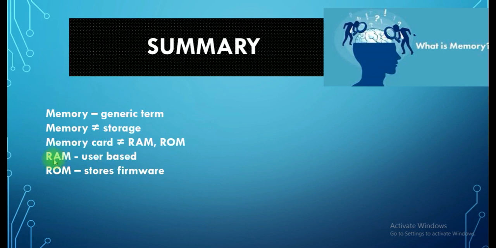Where RAM is concerned, RAM is the thing that we interact with most when we're using the device. Right now, you're watching the presentation on your device, and that application, your browser, is housed right now in RAM. And of course, the faster we want the system to be, the more memory we have to have. ROM stores the firmware, the instructions which tell the system how to operate. Typically, you'd have your boot instructions there in the ROM chip on the motherboard.